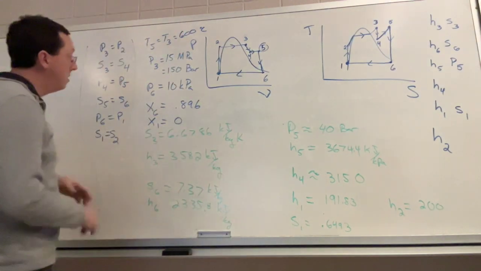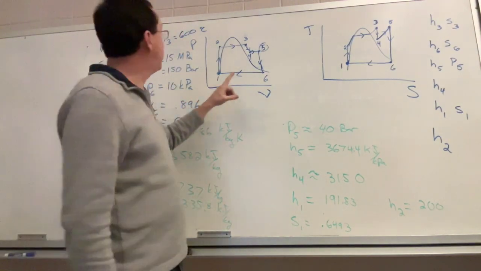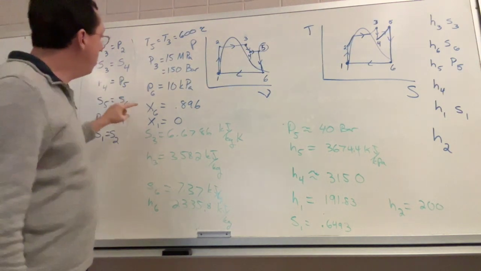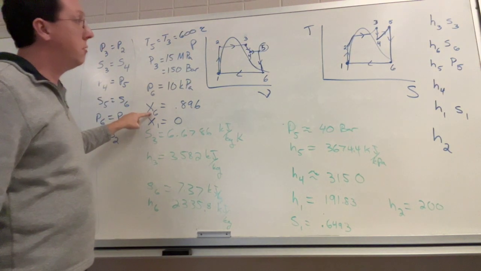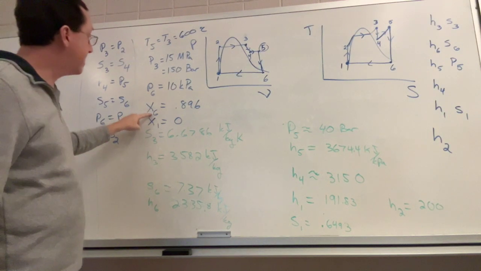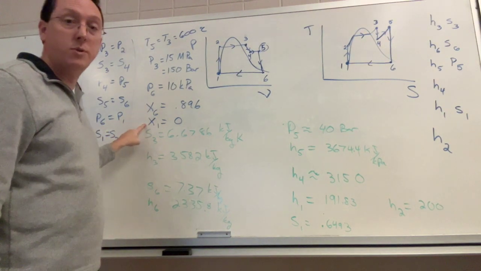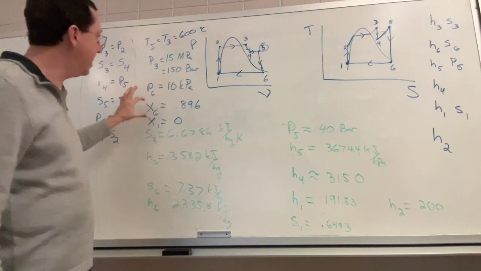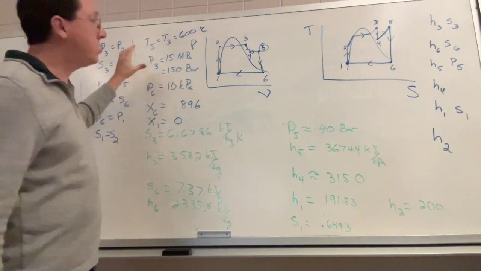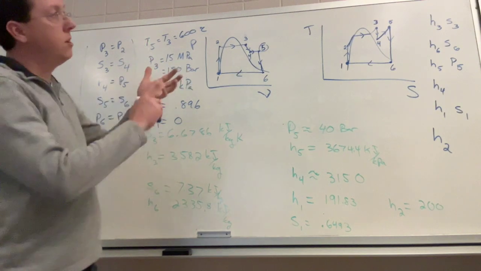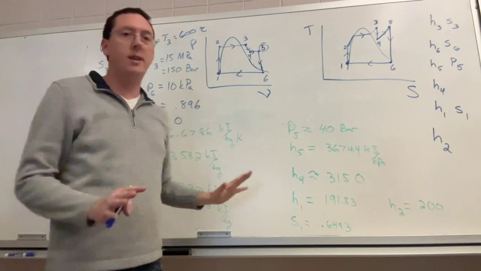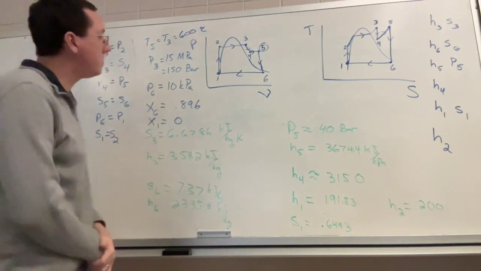So in this cycle, we know the most about state 3 because I know a pressure and a temperature. We know everything about state 6 and state 1 because we know their pressure and their quality. So 3, 6, and 1 are the ones where you could, from the beginning, work everything out.